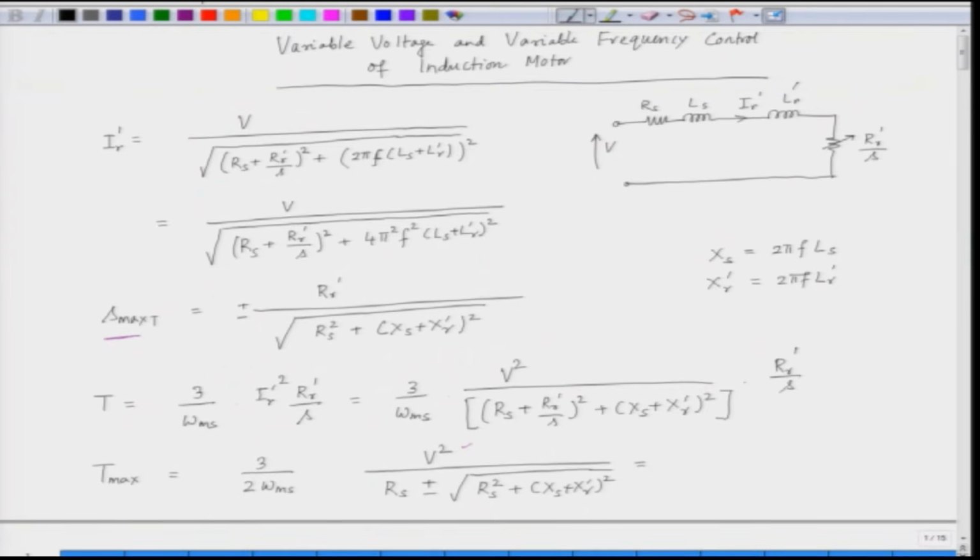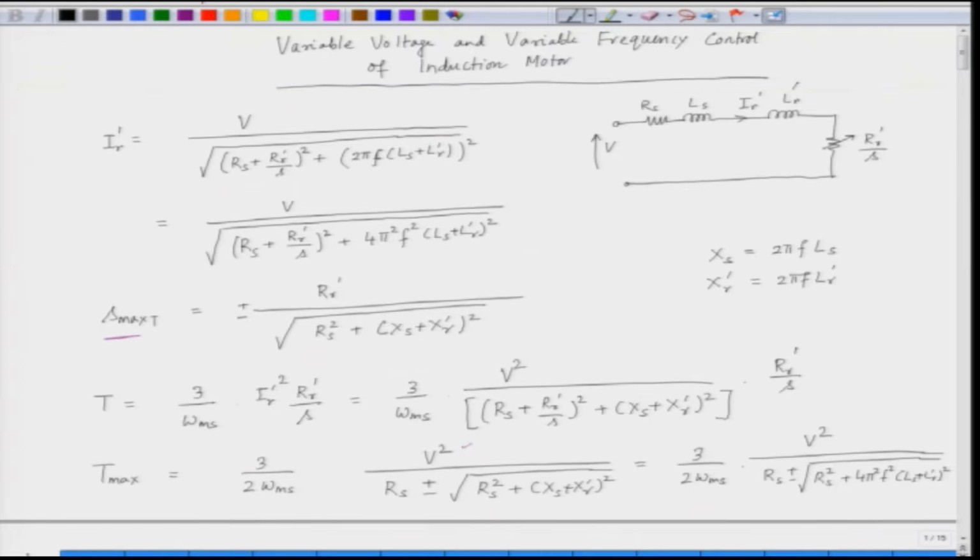So, if we do that, what we get here is the following: 3 by 2 omega m s into V square divided by R s plus minus under root R s square plus 4 pi square f square into L s plus L r prime square.